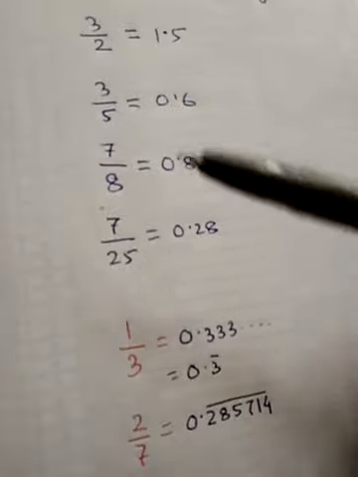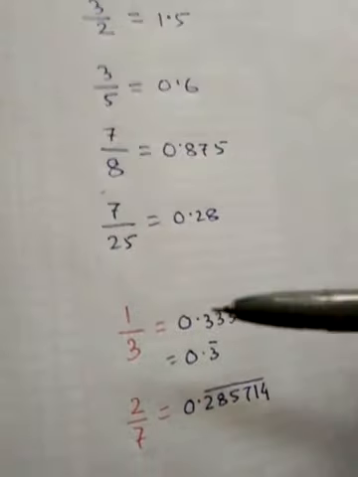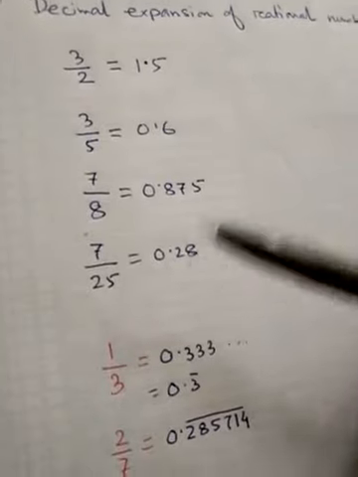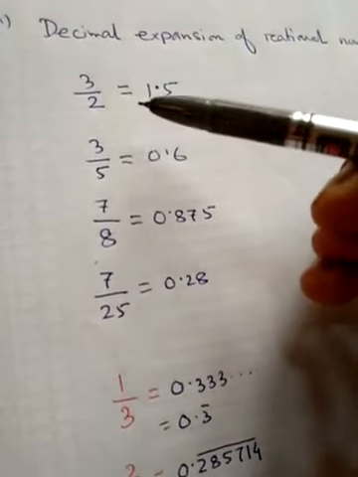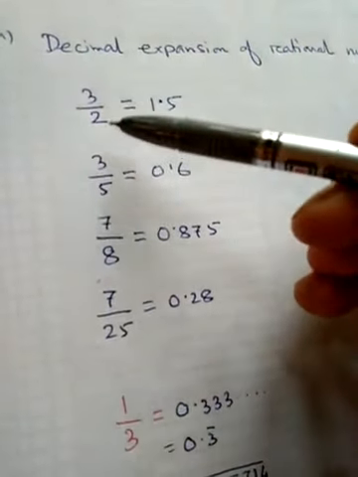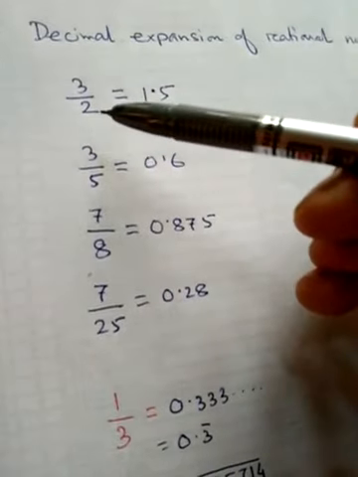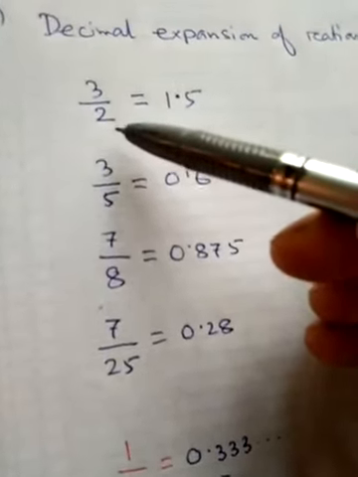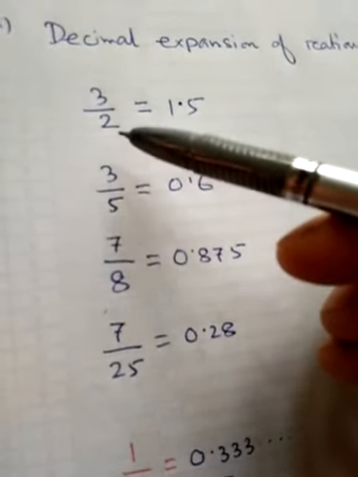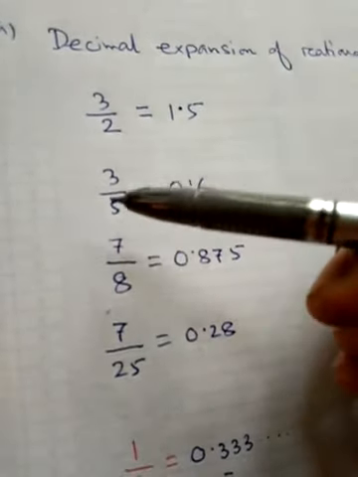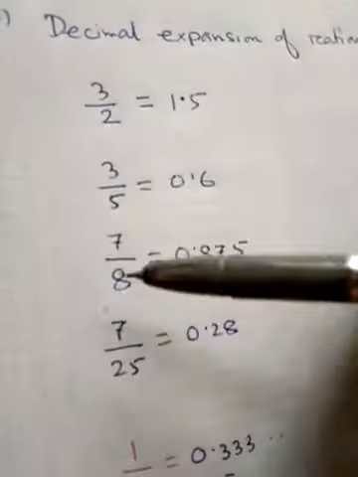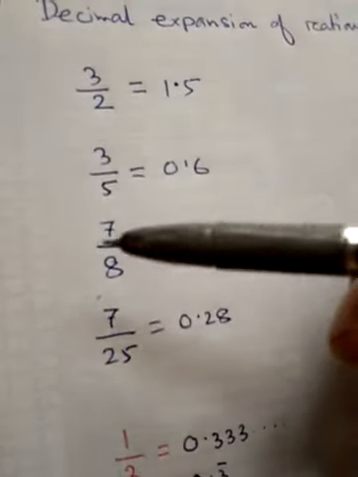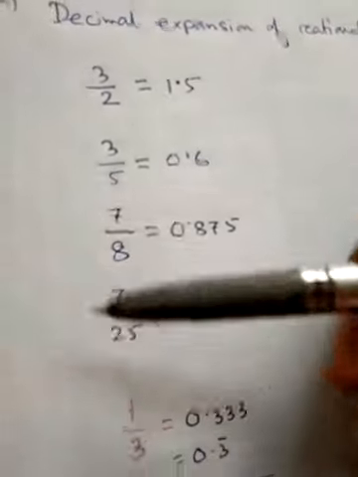Now if we see the difference between these numbers and these numbers, we get to know that in the simplest form of the rational numbers here, the denominators are either 2 or 5, or maybe a multiple of 2 or a multiple of 5, or a combination of 2 and 5.